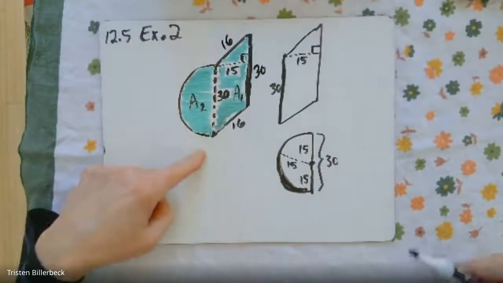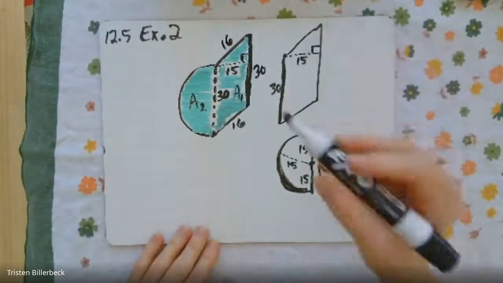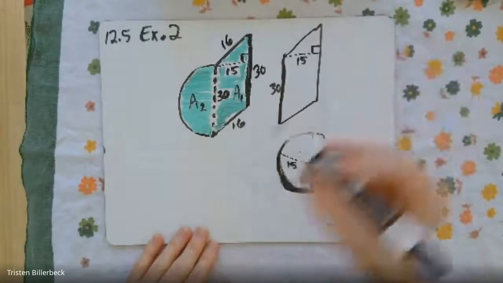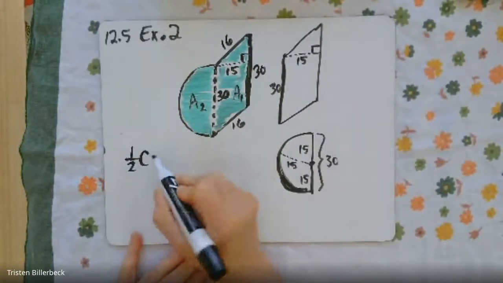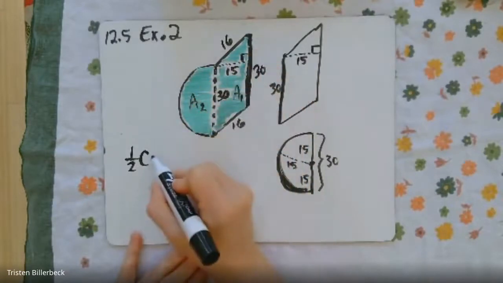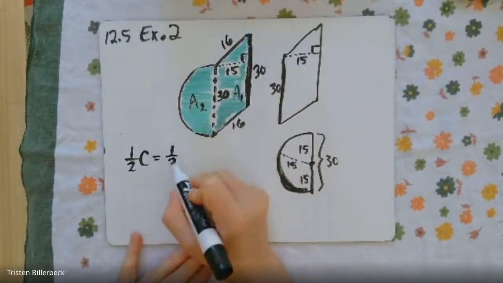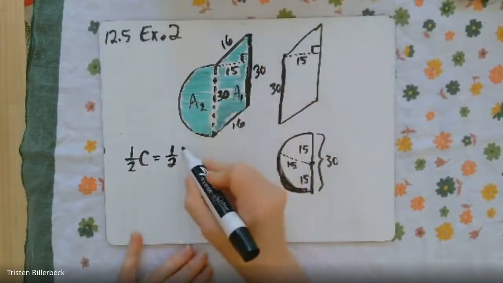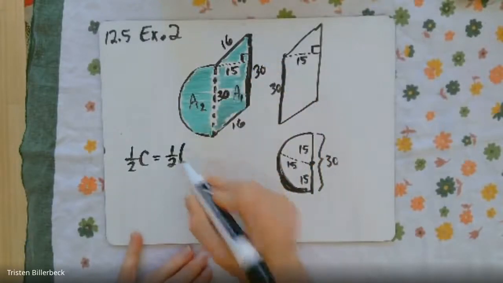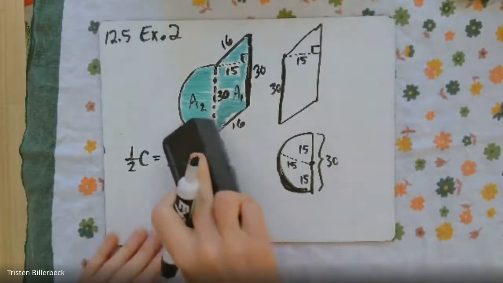We can find this out because it's half the circumference, because we're only going halfway around the circle, and we know what the diameter is, 30. So it's going to be pi times diameter.